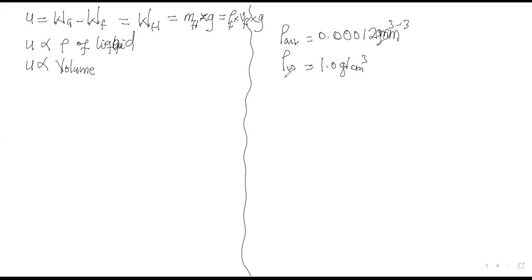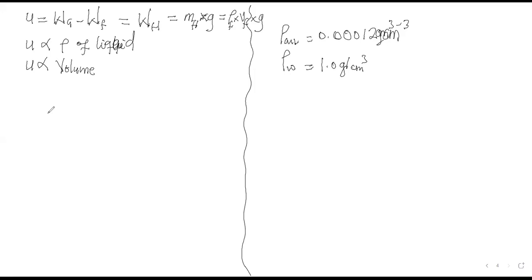So because density of water is greater than density of air, upthrust in water will be greater than upthrust in air. So upthrust depends on the density of the fluid. Upthrust is also directly proportional to the volume of fluid displaced.